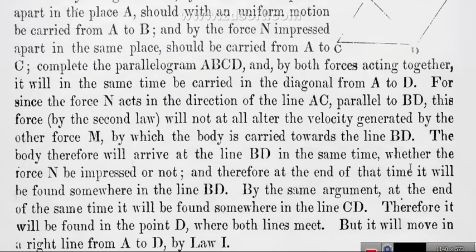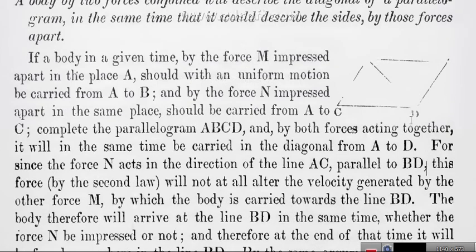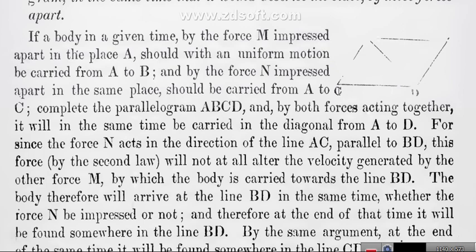And then Newton says, by the same argument, at the end of the same time it will be found somewhere in the line CD. In the same way, the same is the case for the movement towards the line CD. Whether this force m is applied or not, in both the cases it will take the same time for this object to arrive at this line CD.